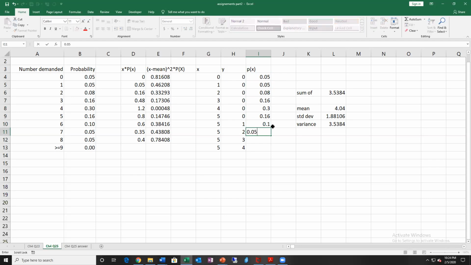Hold on, hold on. Did you do that right? What's the probability of getting a 5? Am I doing it wrong? This is a 5, right? Yes. Look up a 5 here. What's your probability? 0.16, right?